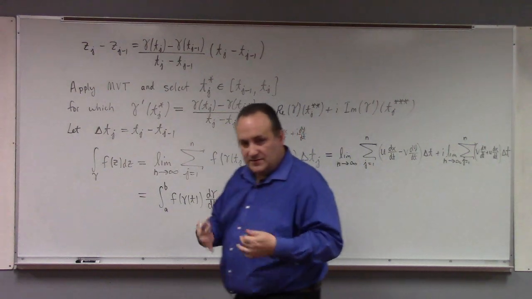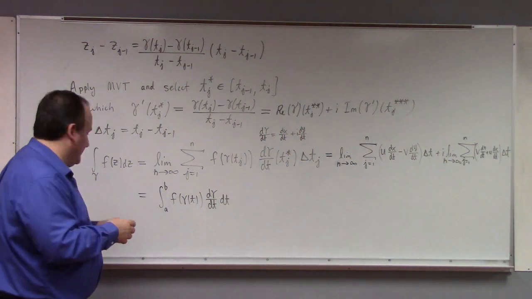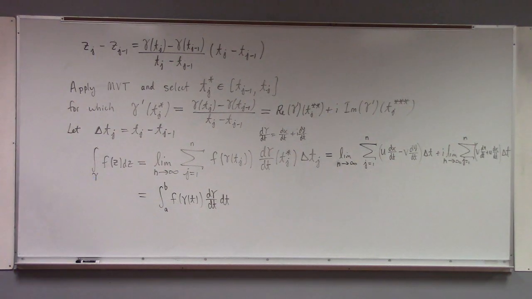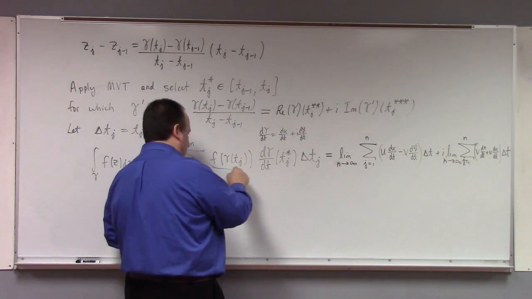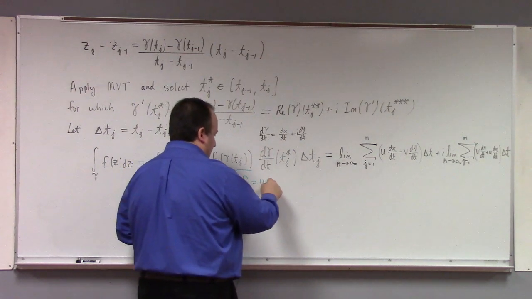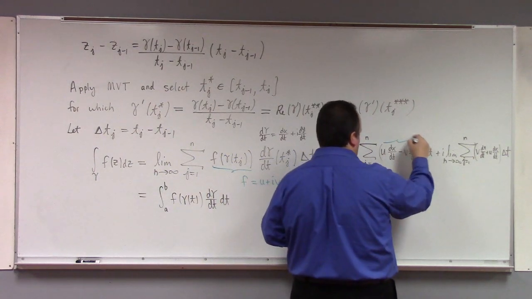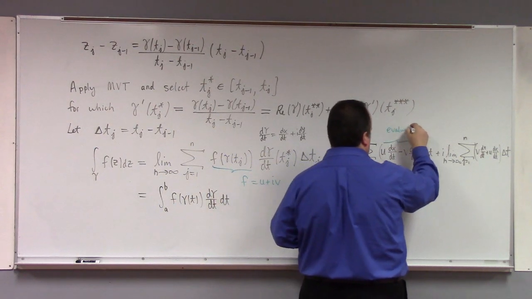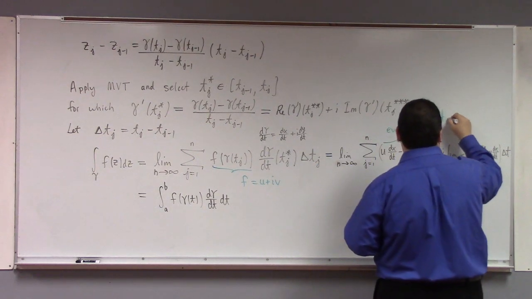And now those are literally Riemann sums. I couldn't fit it in, but understand that the u and the v, here I'm letting f equal u plus iv as usual, right? And to be fussy, these are evaluated at gamma of t_j star, right?